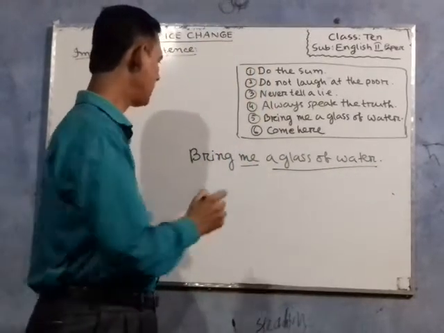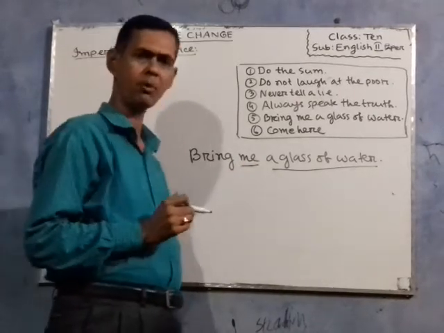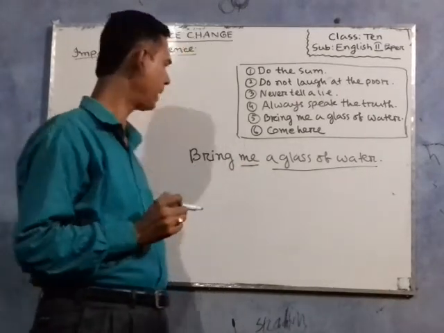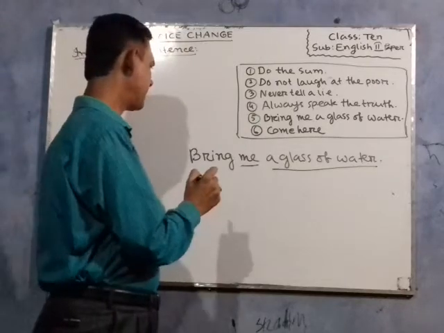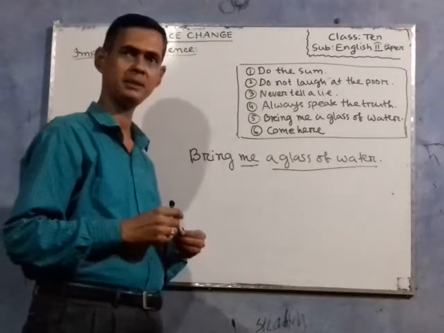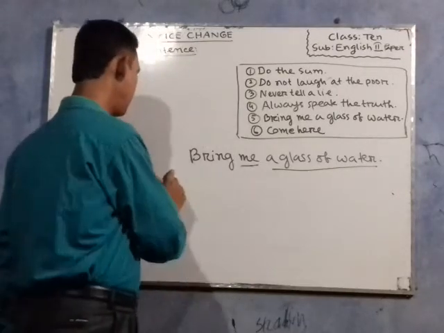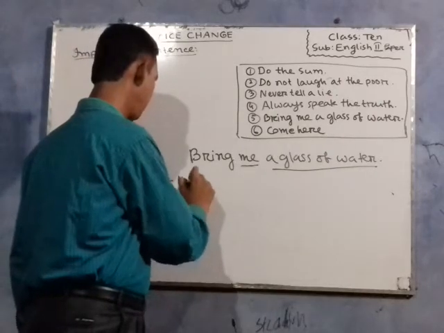This is a personal object, a pronominal object. So if there are two objects after the principal verb in an imperative sentence, you have to write "let" at the beginning of the passive voice.